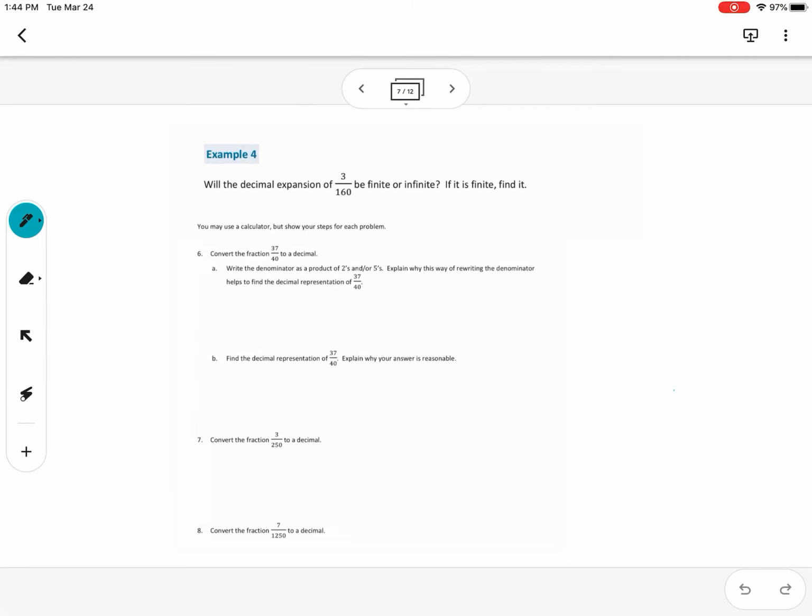Next, 3 divided by 160. 0.01875. Now this one I'm a little curious about because I've got my arrow here. Let me do something real quick. Oh, that arrow, never mind, that arrow is not an indicator. I take that back, so I apologize. Ignore that arrow on your calculator if that's what you see.